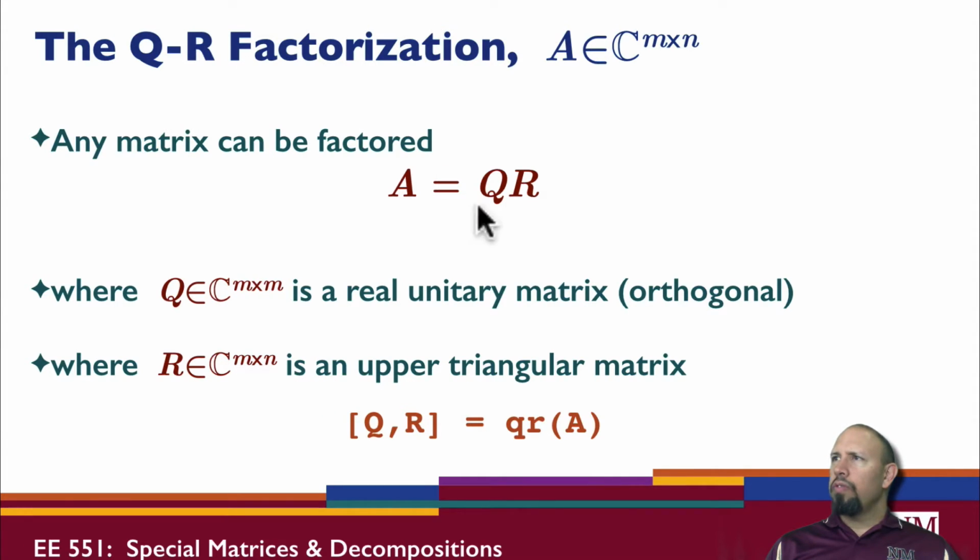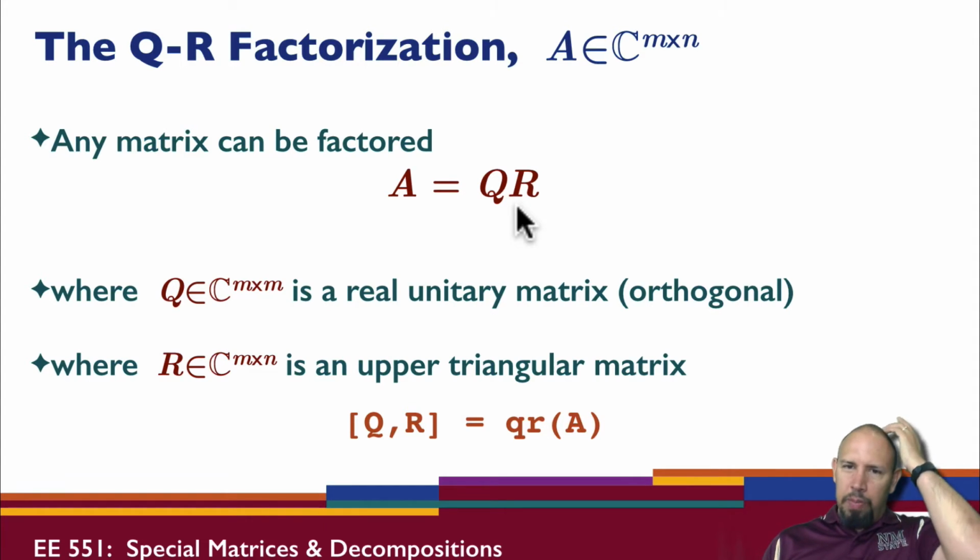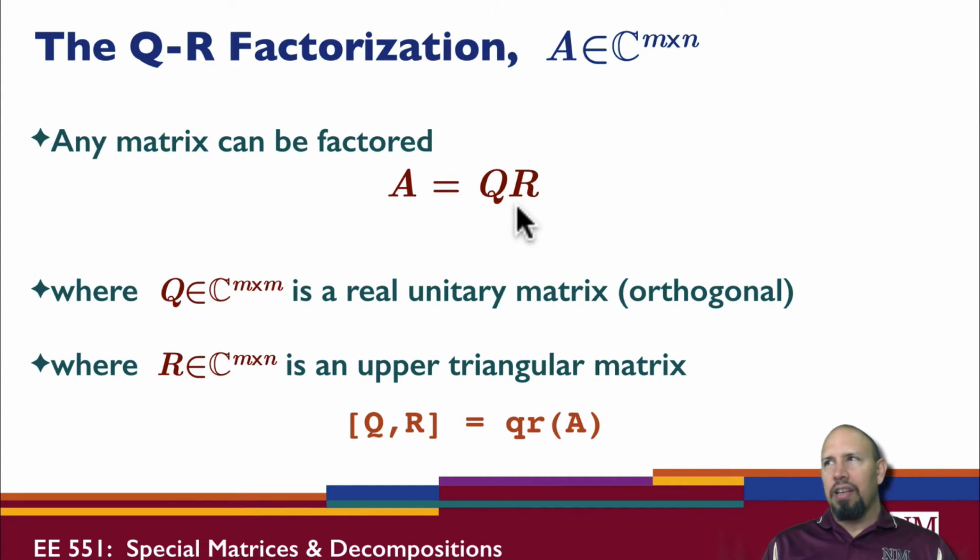The value of using this kind of factorization is because, especially when you have a large matrix A, and you want to solve, let's say, AX equals B for X, the QR factorization is helpful because it allows us to simplify the problem and yet not have to face a lot of numerical challenges that can come with those kinds of problems.